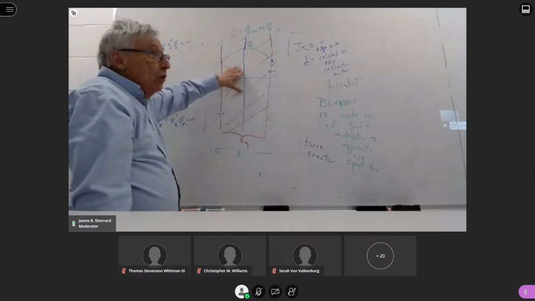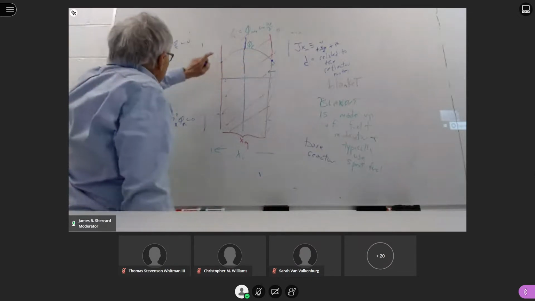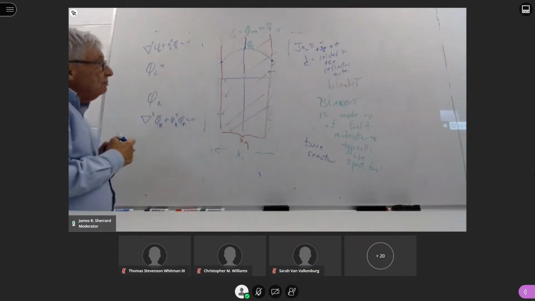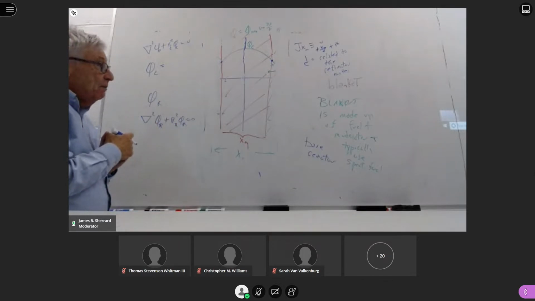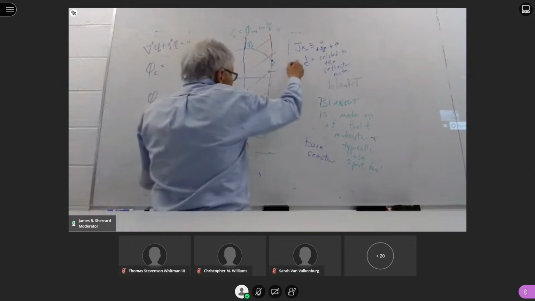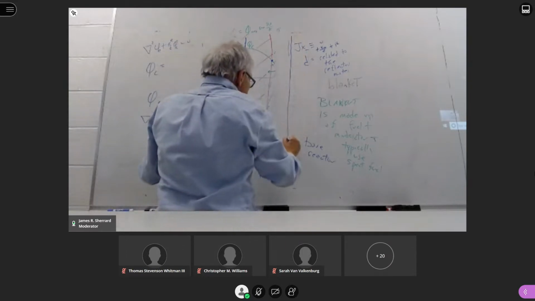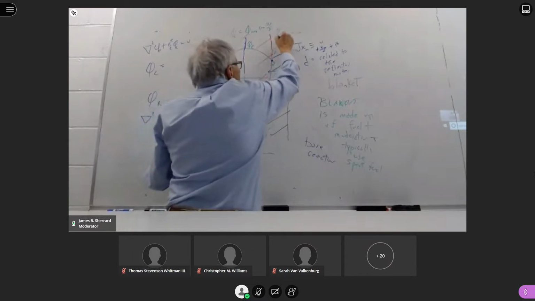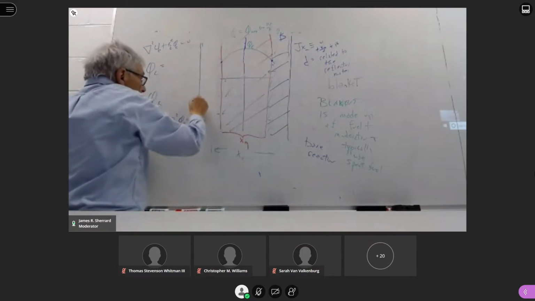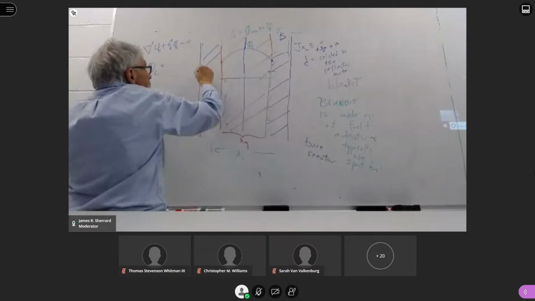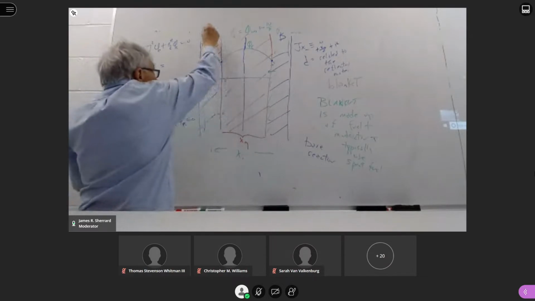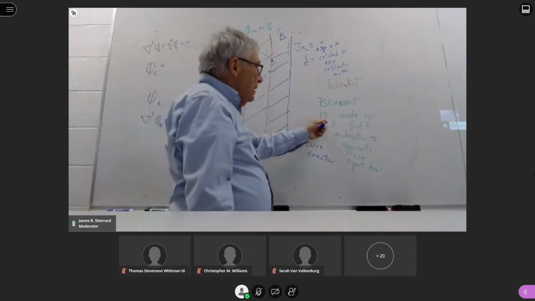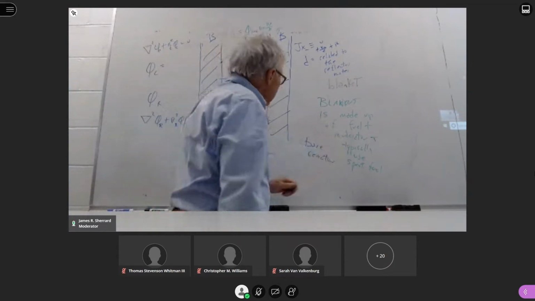So we have our bare core with the flux in the core, which we can find by using the general diffusion equation. And again, I'm using the infinite slab. Now we're going to put around this our blanket material. The blanket material is made up of both fuel and moderator.